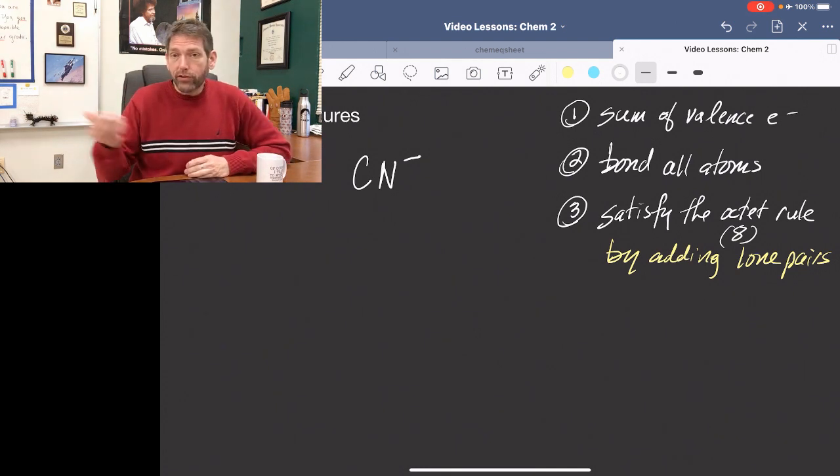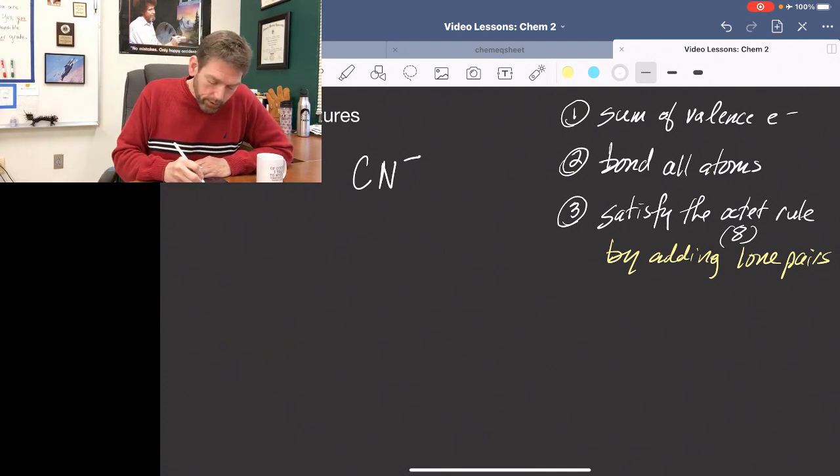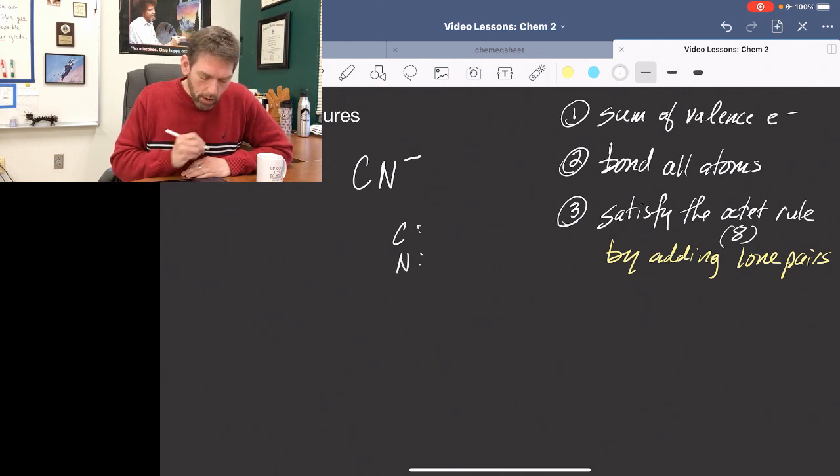So we've got carbon and nitrogen. Let's go ahead and sum up all the electrons. I'm going to put my work down here. So we've got 1 carbon, 1 nitrogen.